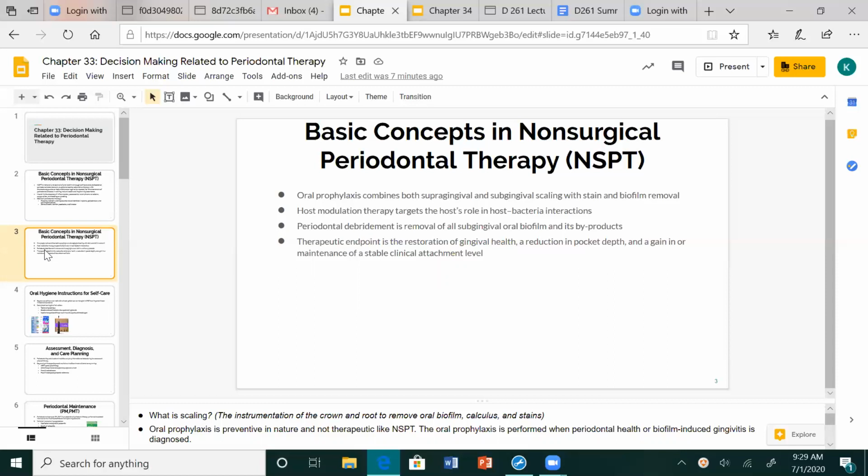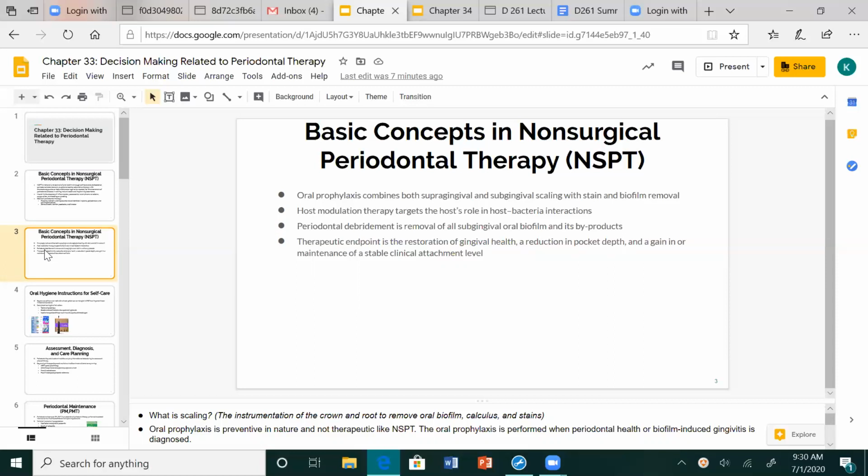Maybe we have a couple of 4 mm pockets, or a 5 that doesn't bleed because the patient has generalized recession, but the papilla are intact. Sometimes you can get some 5 mm pockets there from tooth positioning creating a pocket, something like that, where it's not necessarily an active disease site that needs treatment.